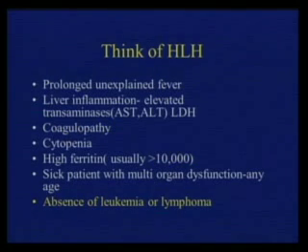But if a patient comes with a prolonged unexplained fever, liver inflammation with elevated transaminases, and remember we also check LDH with AST and ALT, coagulopathy, cytopenias, and ferritin greater than 10,000. And why this ferritin level? I will show you the 2004 diagnostic criteria for HLH, which says that ferritin greater than 500 can qualify, with 5 out of 8 criteria, to make a diagnosis of HLH.